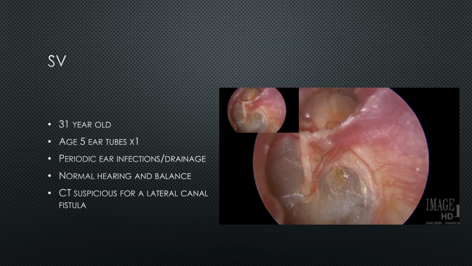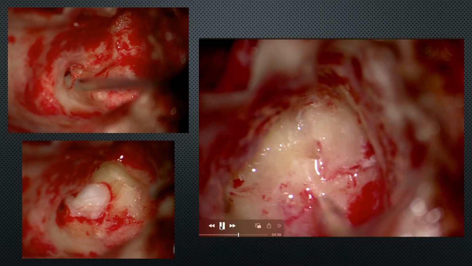He presented with normal hearing, no balance problems, and he'd gotten a CT scan elsewhere, which I'll show in a bit. He had this epitympanic retraction, and the CT was suspicious for a lateral canal fistula. I took him to the OR. I thought this was a straightforward epitympanic retraction and cholesteatoma. And intraoperatively, I found things that I really didn't expect.